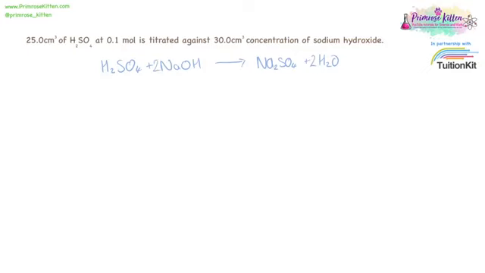So for titration calculations, I like to make lists. So we have volume acid, concentration acid, volume alkali, concentration alkali. So 25 centimetres cubed, that is our volume acid. That is our concentration acid.